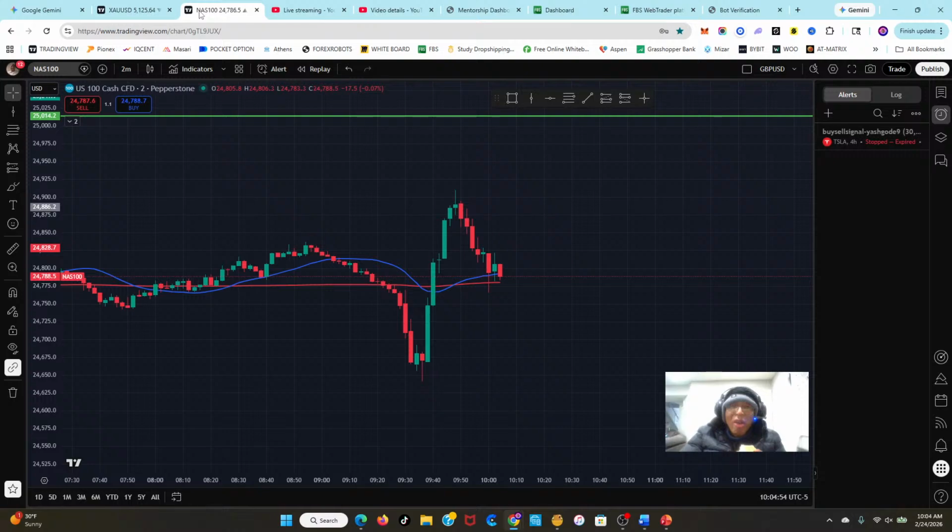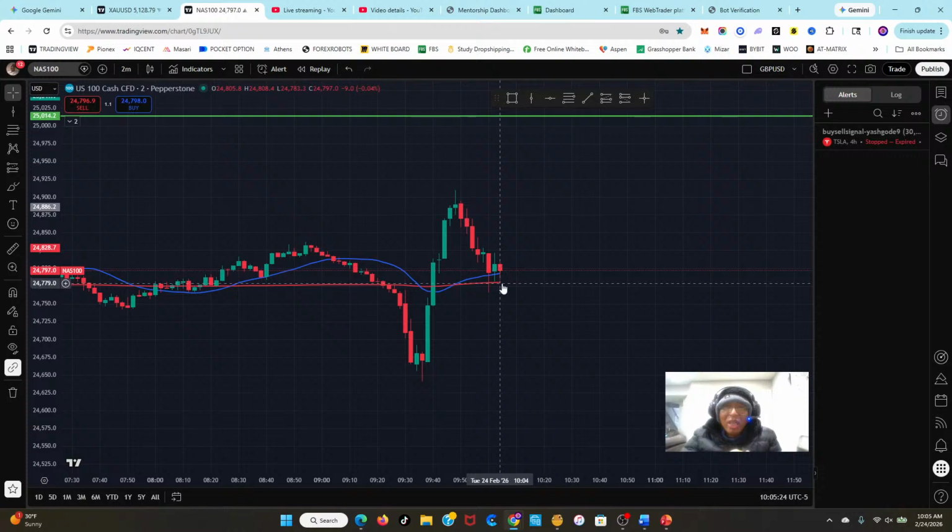The Nasdaq, you can see what it's doing. If we get another power bar going down, we could enter a short trade, but you can see the wicks are now printing from the bottom, which is another way of entering this trade. You can enter on a power bar or on a wick at the bottom.